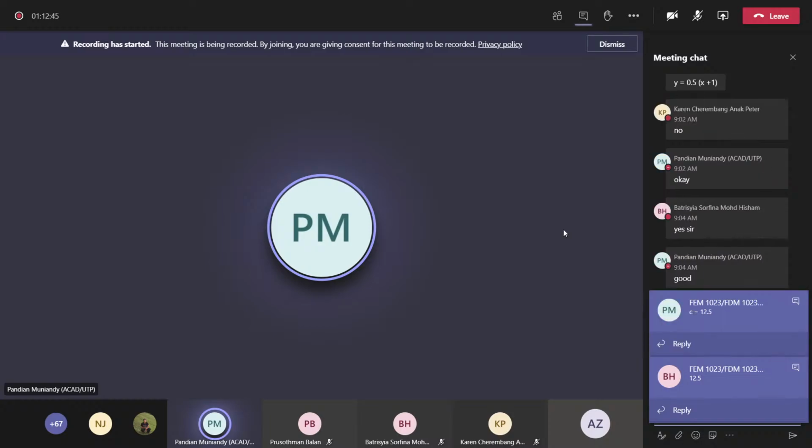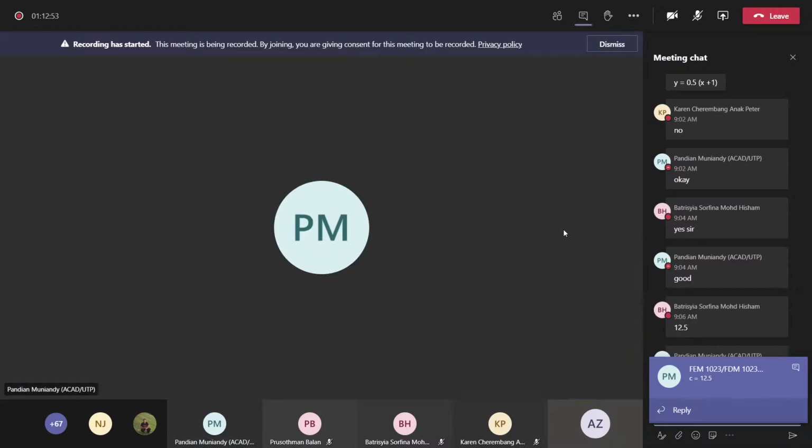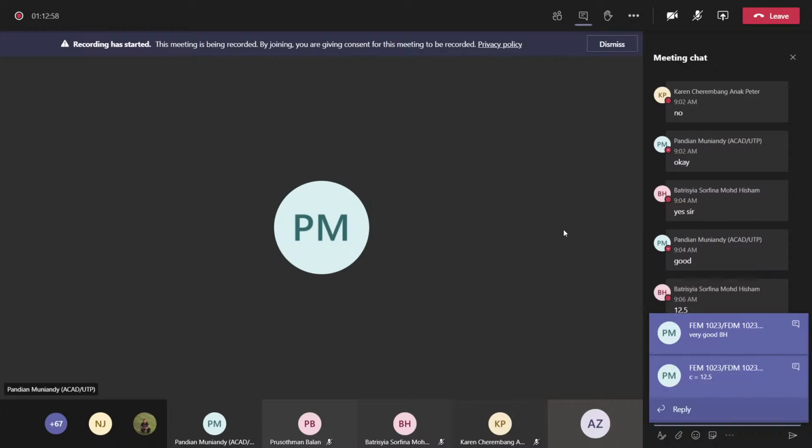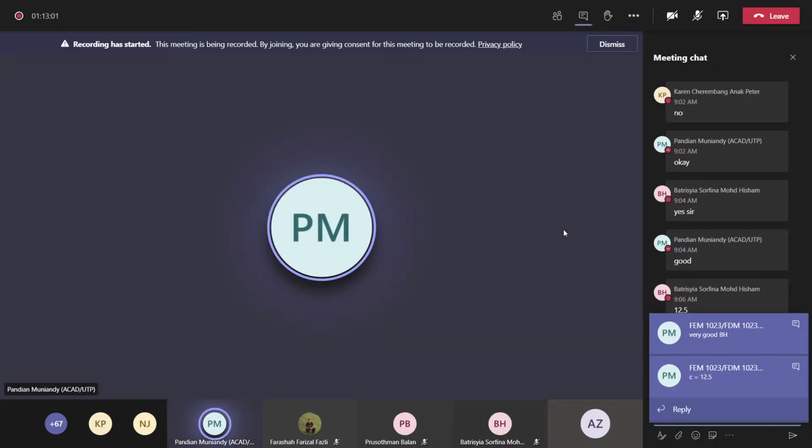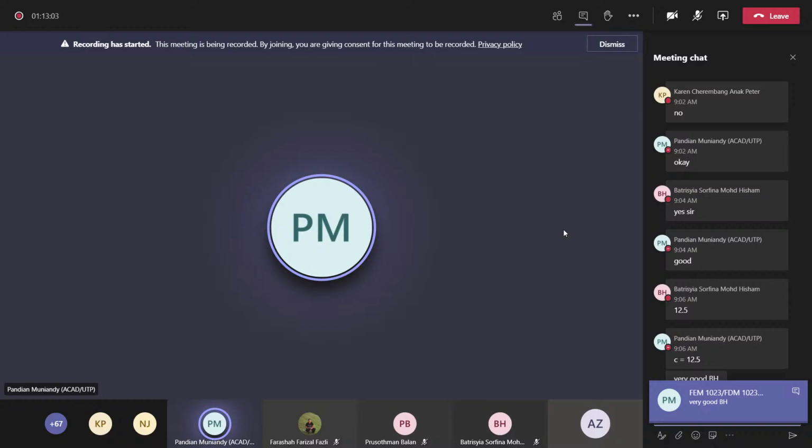Or you can write 9 plus 16, 25 over 2, also can. You can write in fraction or you can write in decimal number. It's up to you. Okay, any problem, class?